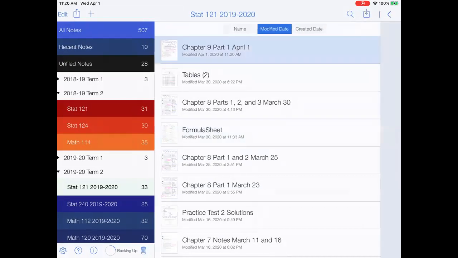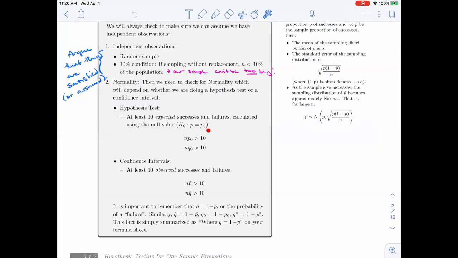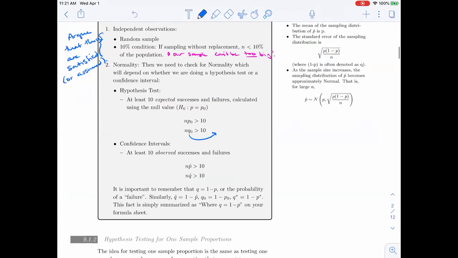So what we do here is we take this hypothesized proportion and calculate the number of expected successes and failures. I'll make it easier: Q naught is 1 minus P naught. I usually just use P and Q. Q is just the opposite of P.